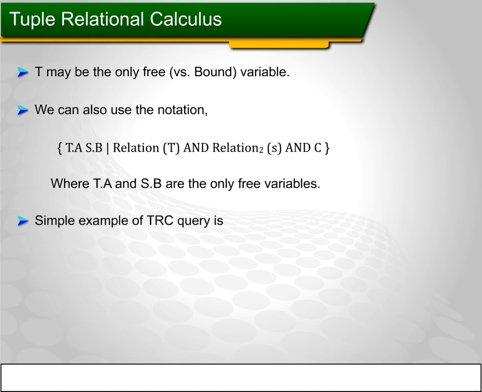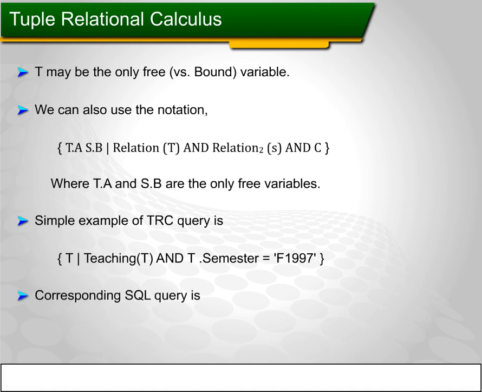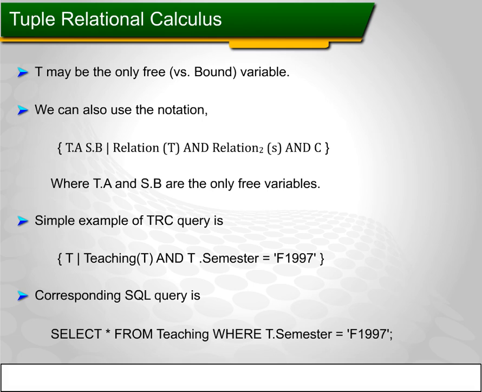A simple example of a TRC query is {T | T in Teaching and T.semester = F1997}. The corresponding SQL query is select all from Teaching where T.semester = F1997.